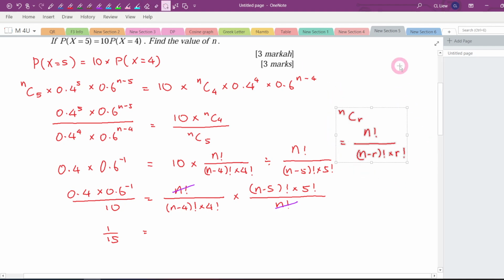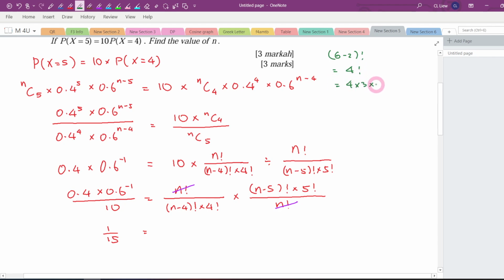Let me show you how to proceed. Before I show you, you need to understand this concept first. Let's say you have 6 minus 2 factorial. This actually means 4 factorial, right? Which is equal to 4 times 3 times 2 times 1. So this 6 minus 2 factorial, you can also write it as 6 minus 2 times 6 minus 3 factorial, which is equal to 4 times 3 factorial.